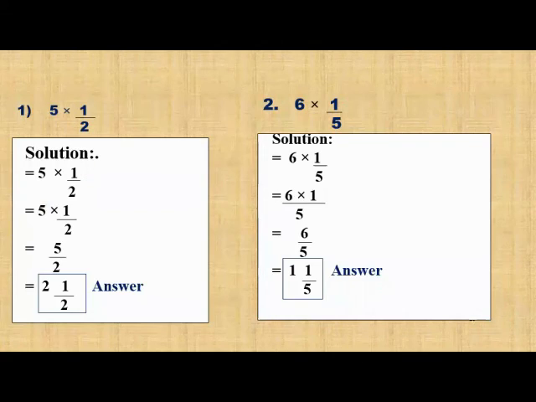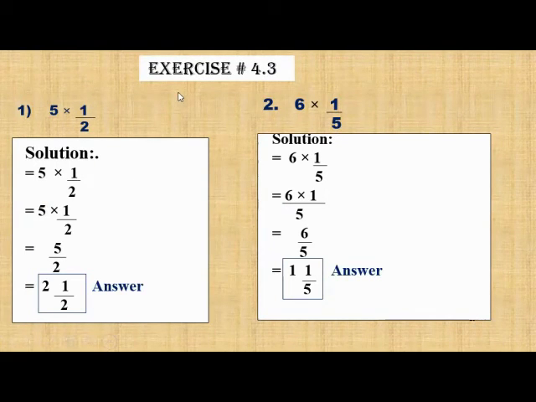Now move to exercise 4.3. In exercise 4.3, you have to multiply, and question number 1 is 5 multiplied by 1 upon 2. Now move to the solution. 5 multiplied by 1 upon 2: 5 ones are 5 and 2 is here.